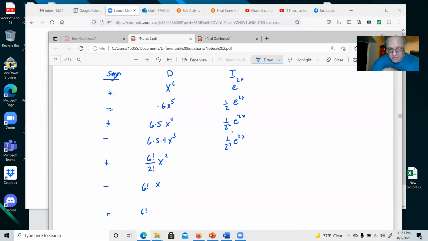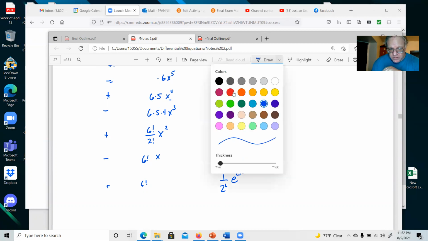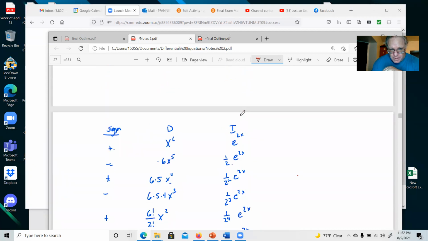If you have paper with lines, this will line up a lot easier. 1 over 2 to the 4th e to the 2x. 1 over 2 to the 5th e to the 2x. And 1 over 2 to the 6th e to the 2x. All right. And what we're going to do is we're just going to multiply these together like this.